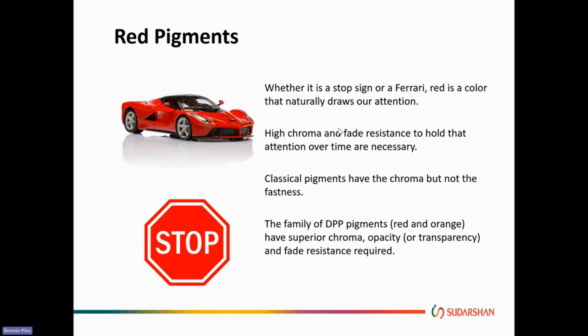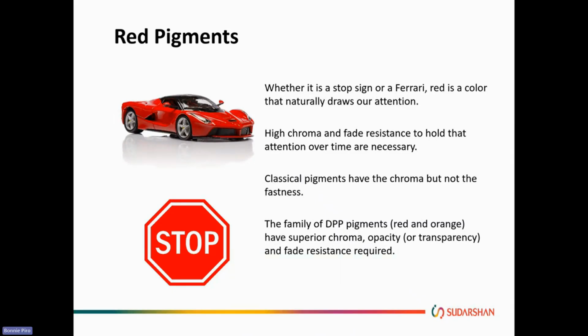So red pigments, this is where the DPP type chemistries shine. It's one of those colors that does naturally draw everybody's attention, thus the stop sign and the red Ferrari. They are brought into this world to fill a void that the classical pigments have, which is really the chroma, but also the technical properties.